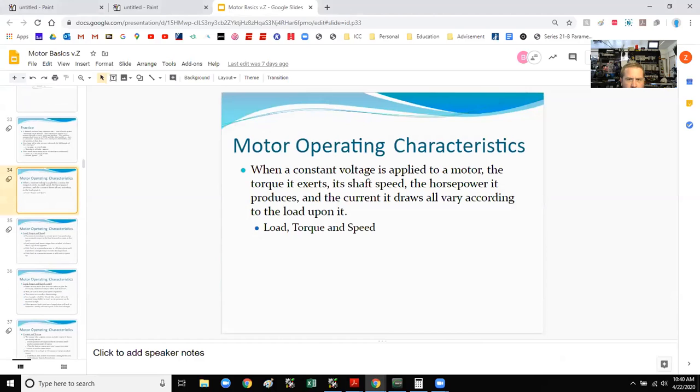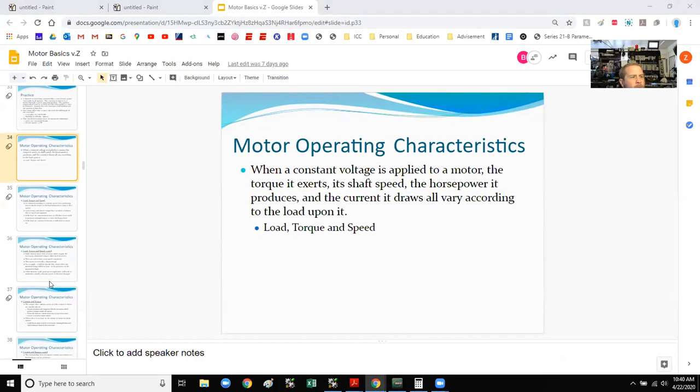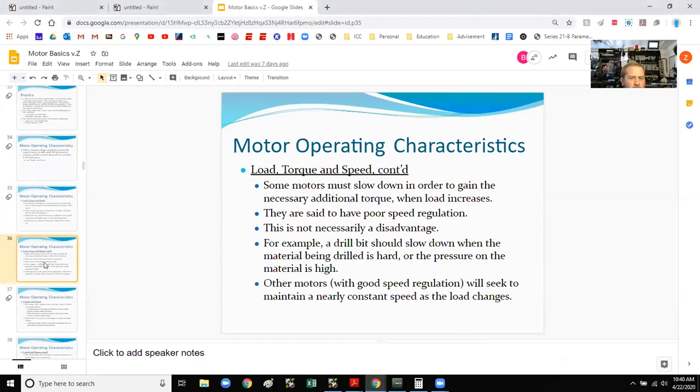I don't remember if we got this far or not. I won't go through all of the rest of the slides, just a couple important ones.